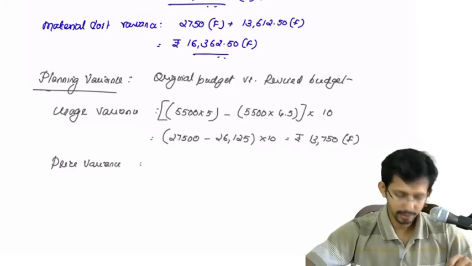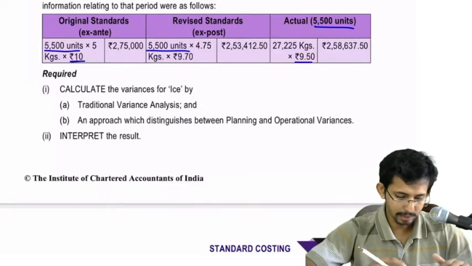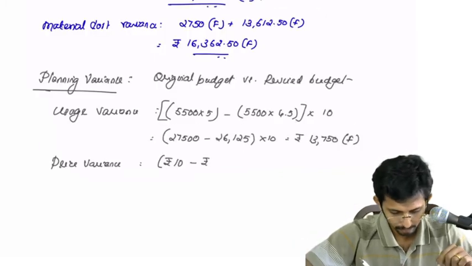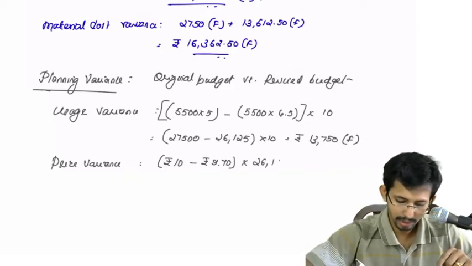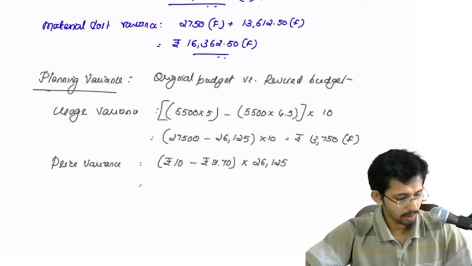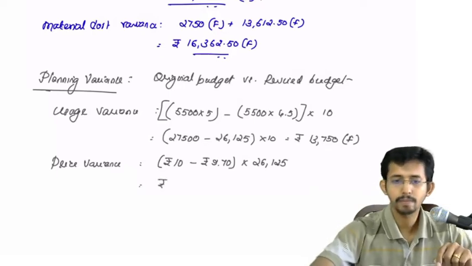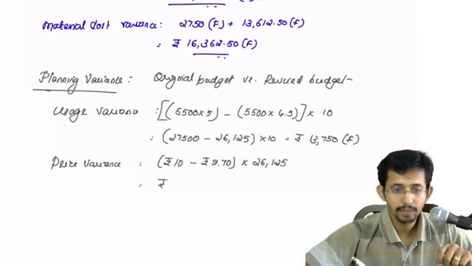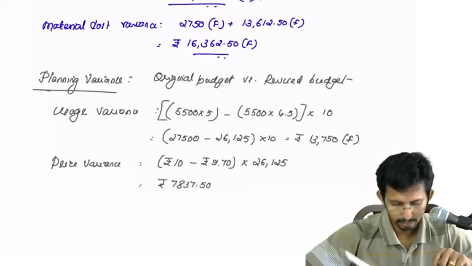Now price variance. What's happening with price variance? Original rate is rupees 10 minus the price in the revised budget, which is 9.70, into 26,125. That is equal to 0.3 into 26,125, and that will be 7,837.50.